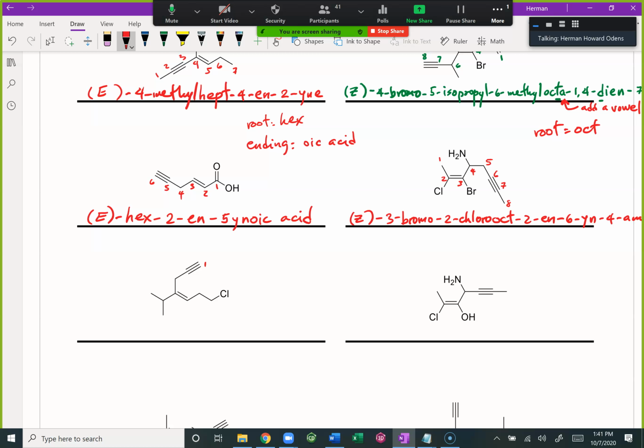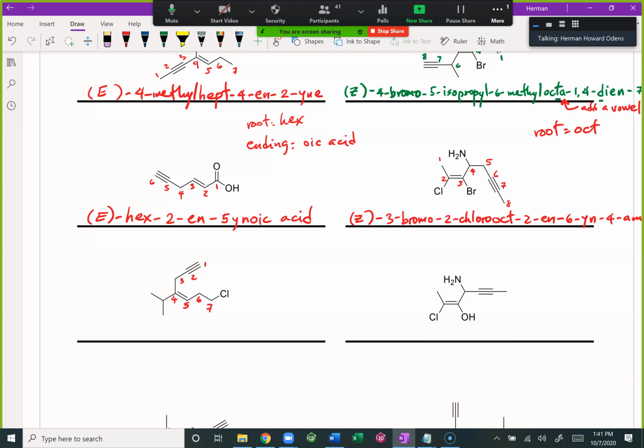All right. So where will we start numbering from here, right? 1, 2, 3, 4, 5, 6, 7. So if whoever wants to get a point, start thinking about this one while we're solving this. So it's Z. Why Z? Because of the isopropyl and then the ine on the same side.